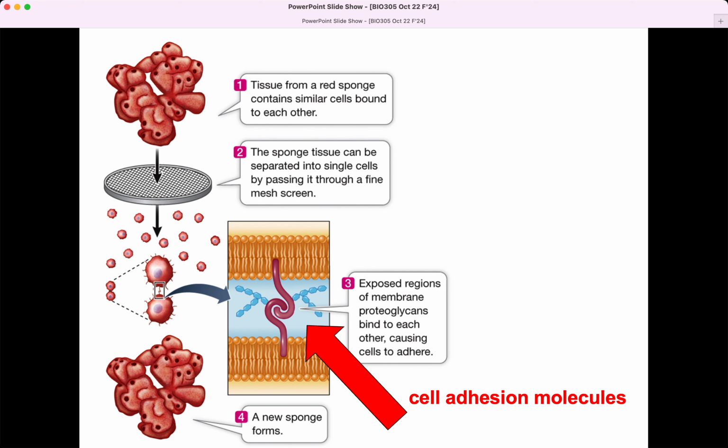All animals have many, many cell adhesion molecules, and some parts of cells and tissues can actually reassemble like this. We couldn't reassemble a whole person, but we can assemble some parts, especially some of our early embryonic stories.